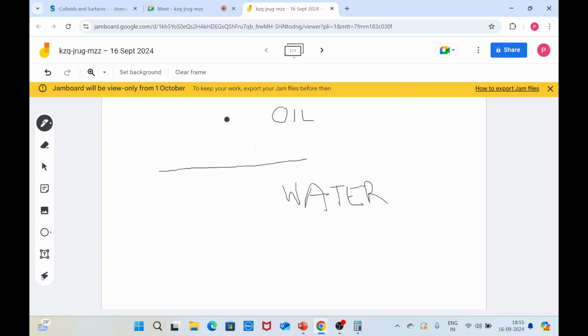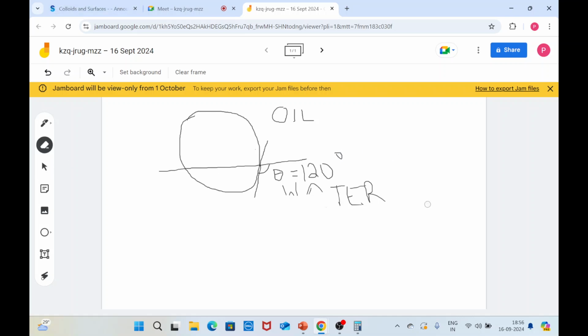So your particle has a contact angle of 120 degrees, so it will be something like this. And then for measuring the contact angle, you need to draw a tangent at the point where your oil, water, and then the third interface meet each other. So this is going to be your theta, and the value of theta is going to be 120 degrees.